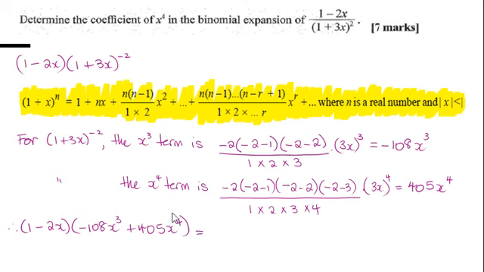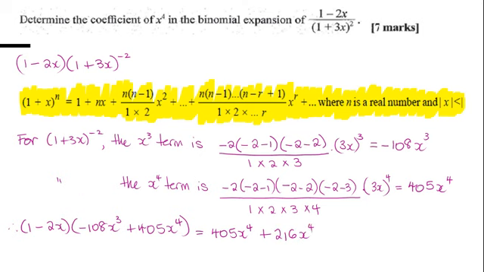So let's distribute. I don't even need the 1 to multiply the x cubed. I can ignore that because that's going to give me an x cubed term. So it's just 1 times the 405x to the 4, which is 405x to the 4. And then the negative 2x times the negative 108x cubed. That will give me positive 216x to the 4.